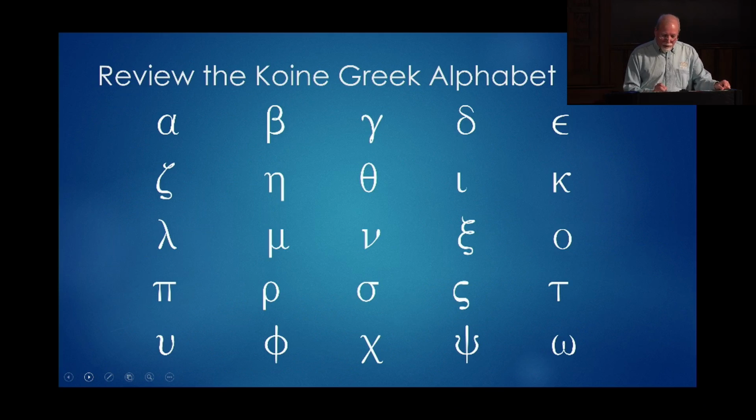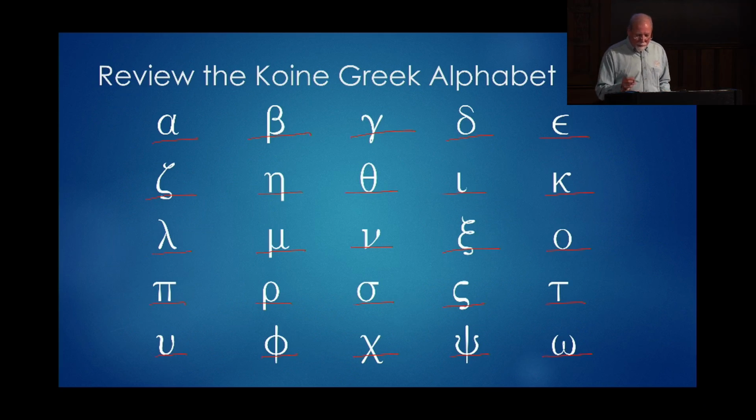We have alpha, beta, gamma, delta, epsilon, zeta, eta, theta, iota, kappa, lambda, mu, nu, xi, omicron, pi, rho, sigma, tau, upsilon, phi, chi, psi, omega.